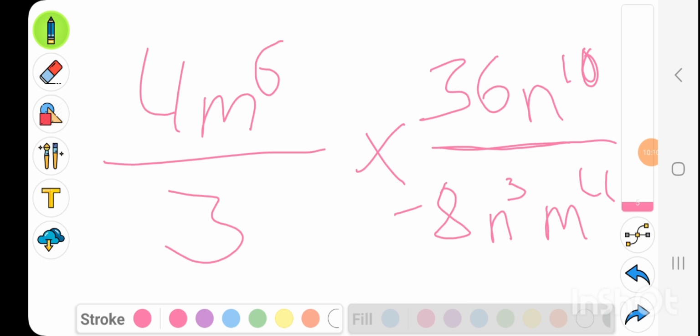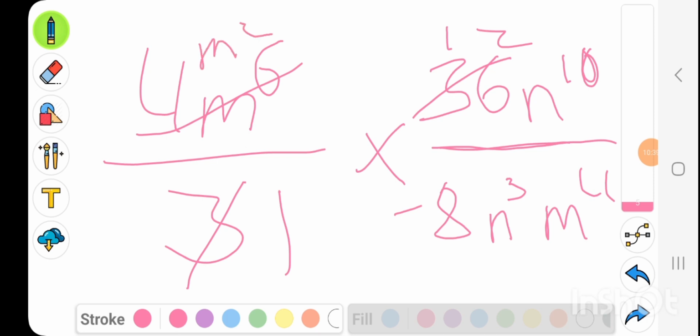We need to simplify. We can simplify it more. So we can cross out the 3 here and diagonally cross out the 3, which makes 12. So 36n to the power of 10 divided by 3 is just 12n to the power of 10. And then you can divide by 4m to the power of 4: 4m to the power of 6 divided by 4m to the power of 4 is m squared. And on the denominator of the second fraction, negative 8n cubed m to the power of 4 divided by 4m to the power of 4 is just negative 2n cubed, with no m, because m to the power of 4 divided by m to the power of 4 is m to the power of 0, which is 1.